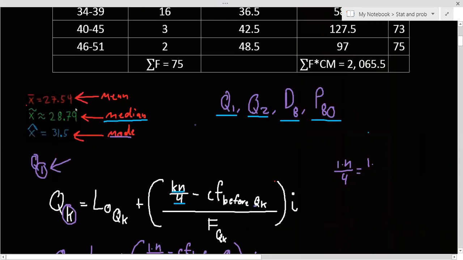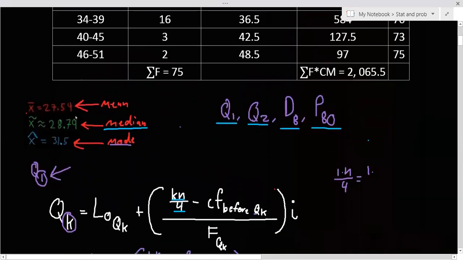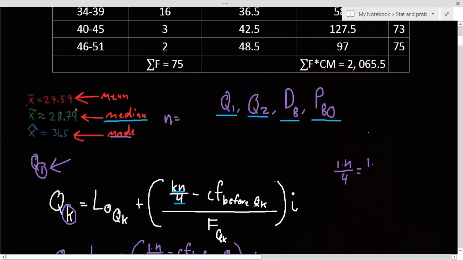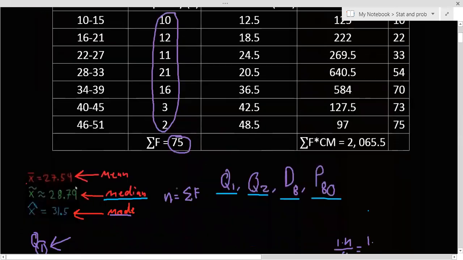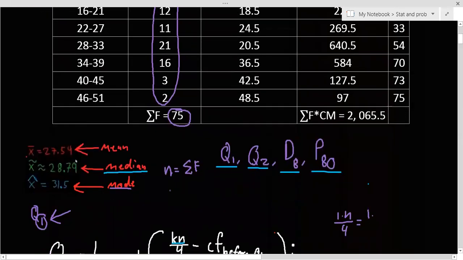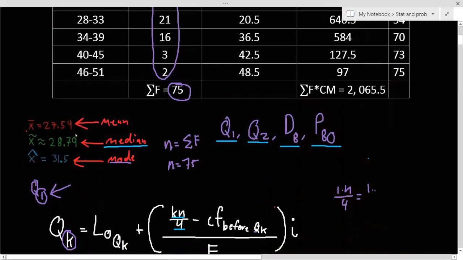What is our total number of given data kung ganun? So, malalaman mo yan kapag meron kang summation of frequency. Okay? Kumbaga, if you have a frequency column and you add all of the frequencies here, which results to 75, therefore your n is 75. Okay? So siya yun. So 1 times 75 all over 4.